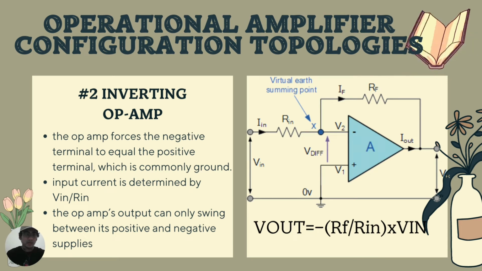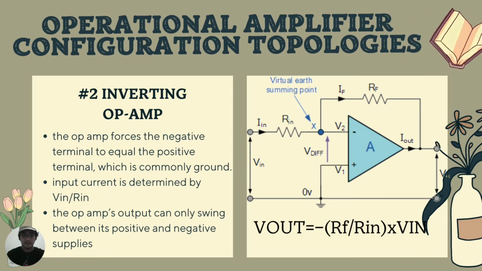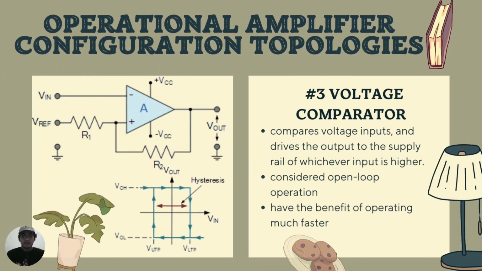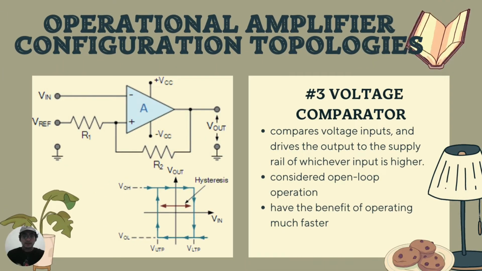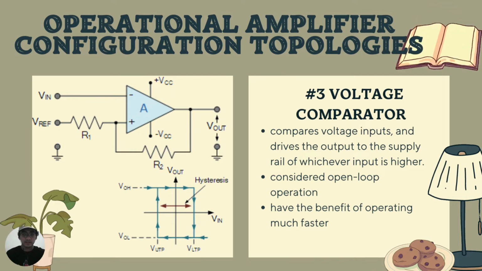The op-amp's output can only swing between its positive and negative supplies. And if you want to calculate for this op-amp topology, we can use the formula V out equals negative RF over R in times V in. Lastly, the last example is the voltage comparator.